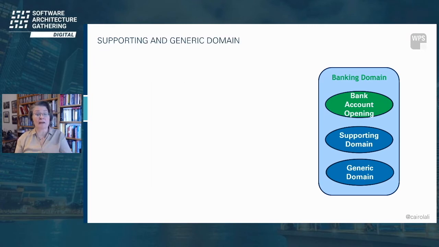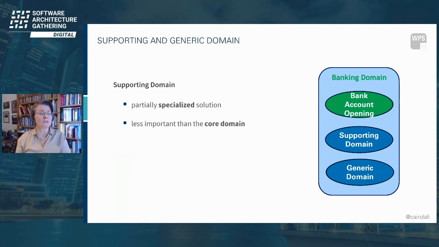The supporting domain is the part of the domain for which our company needs a particularly specialized solution, but which is less important than the core domain. In our banking domain, there is an external card manufacturer for the credit card production.